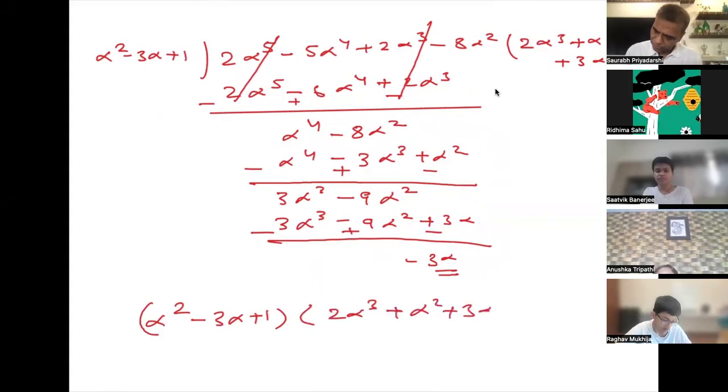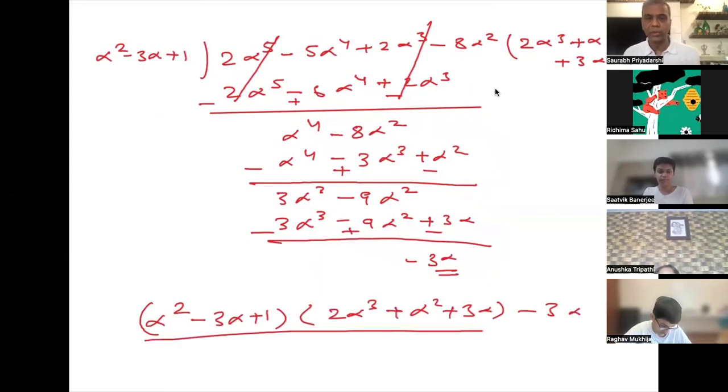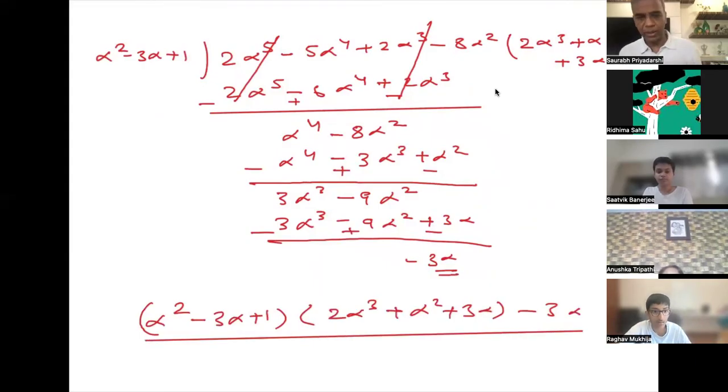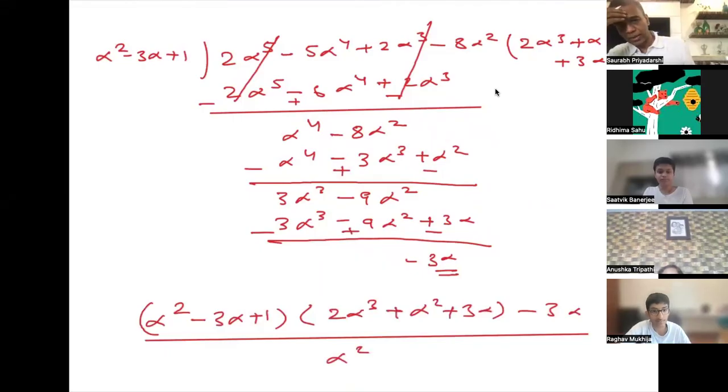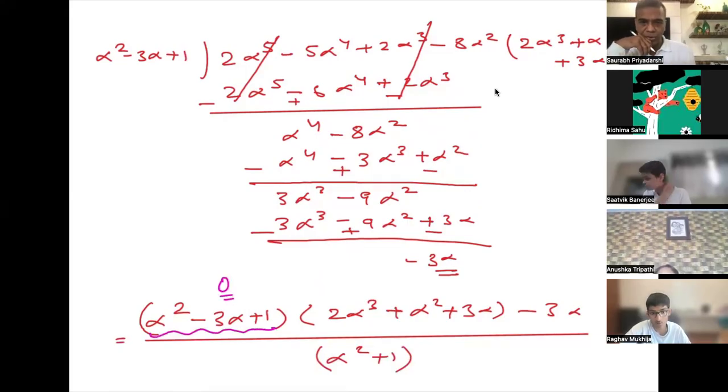Wow. Right. But we know that this was the quadratic, alpha square minus 3 alpha plus 1 is equal to 0. What is the value of this? So this is 0, so 0 into this complete cubic term will be 0 only.